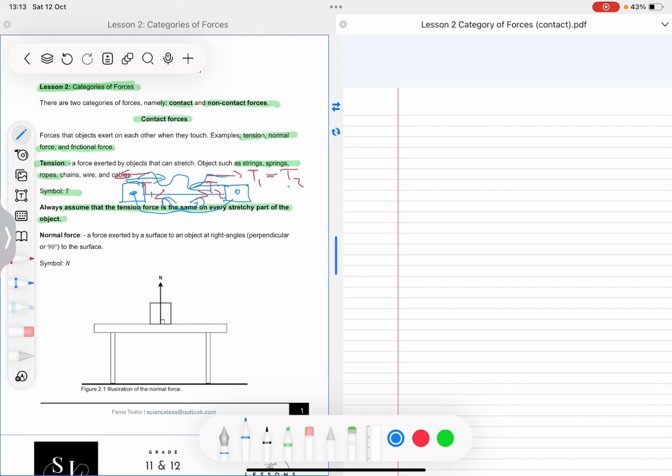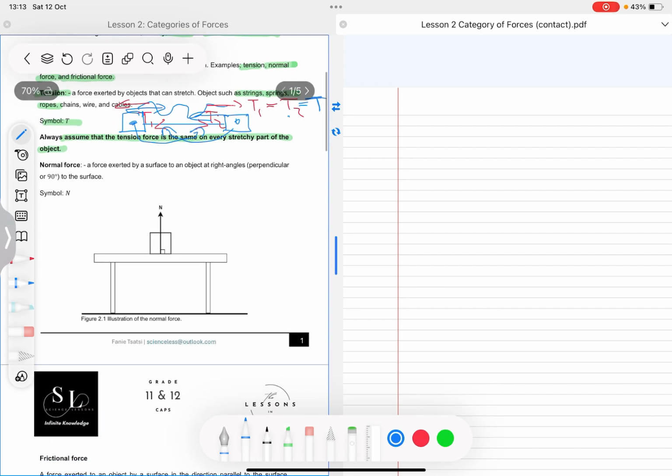But the two tensions are the same in magnitude. We can give them a letter T to say they're the same magnitude T, maybe 5 Newton, as I've given an example there. We'll get to a point where we solve problems of this nature, but I'm just preparing you to say the tension will always be the same along the string when we work with tension.